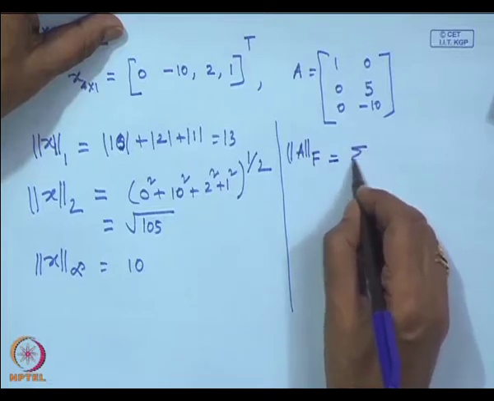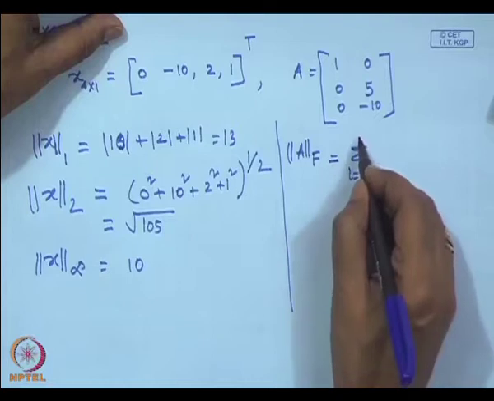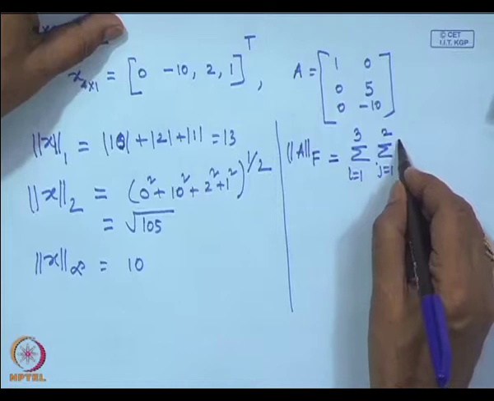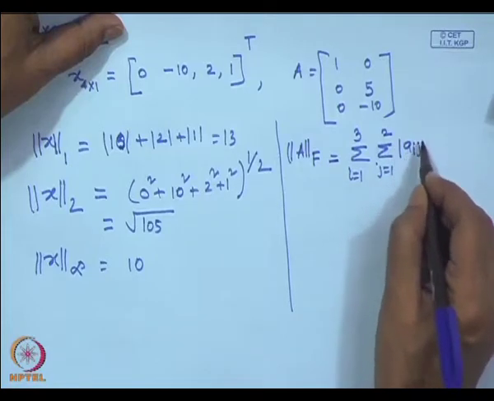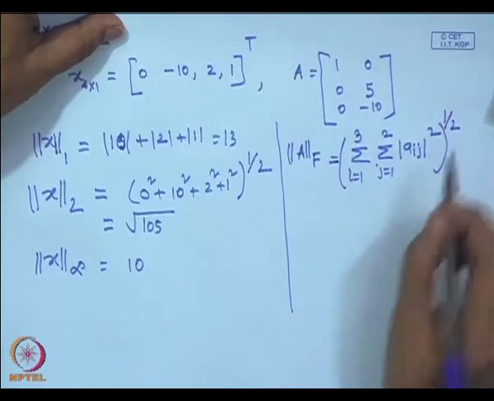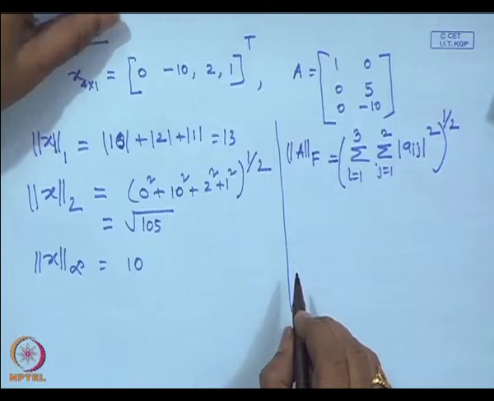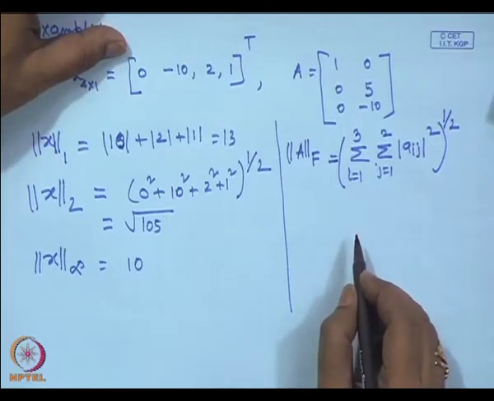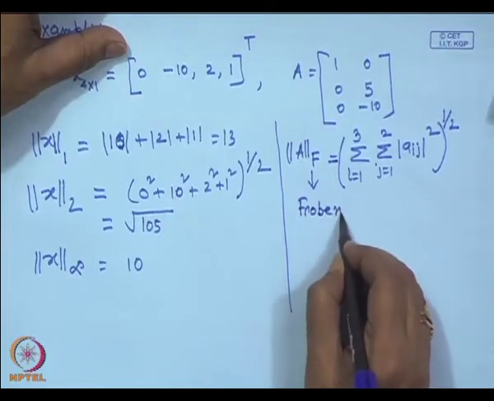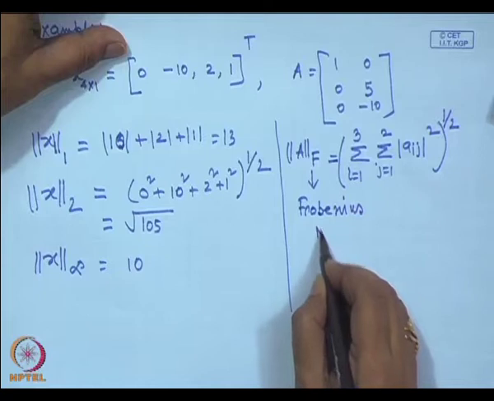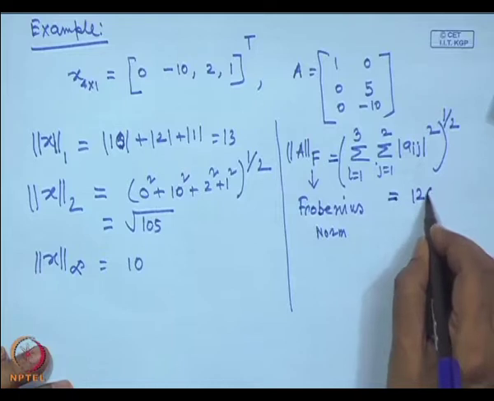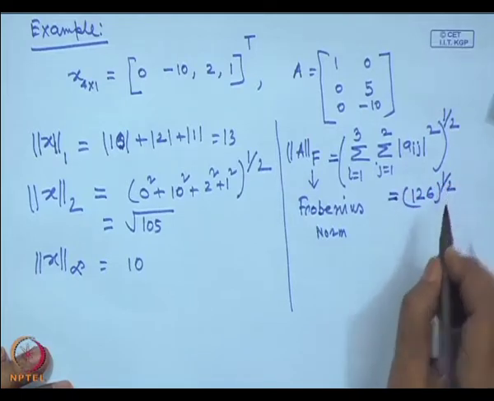This will be the summation of i equal to 1 to 3, summation of j equal to 1 to 3, mod a i j square, and whole to the power of half. This is the Frobenius norm, and that value is coming near about 126 to the power of half.